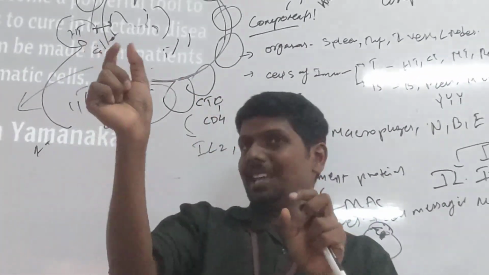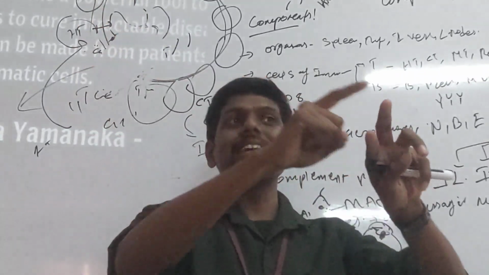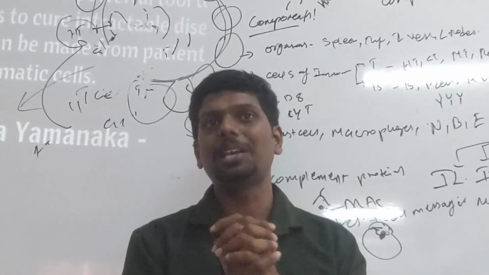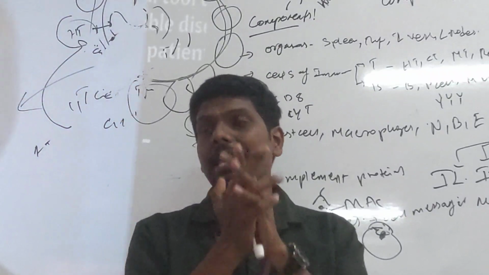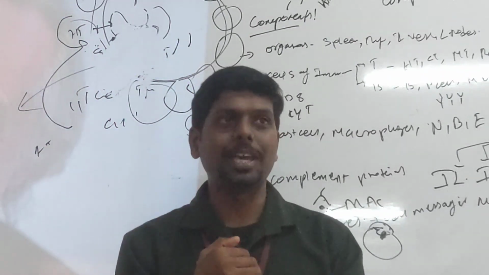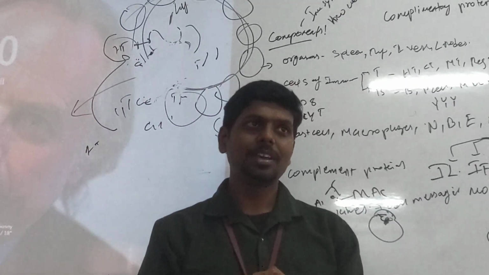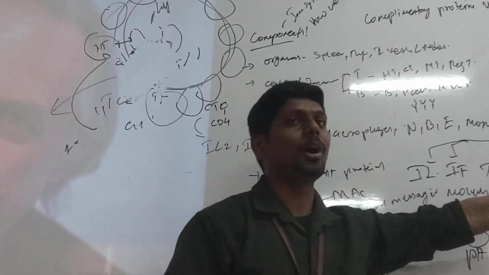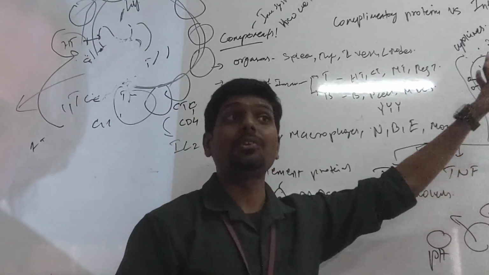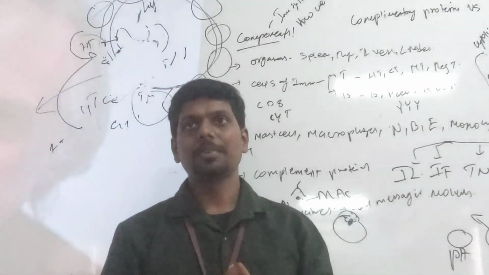Now, by checking the cytokine marker, I can detect which macrophage is present in the body. Again, cytokines became markers for me to identify the type of cell I was detecting in the body. That is why cytokines are very important markers to detect various types of cells in the body.